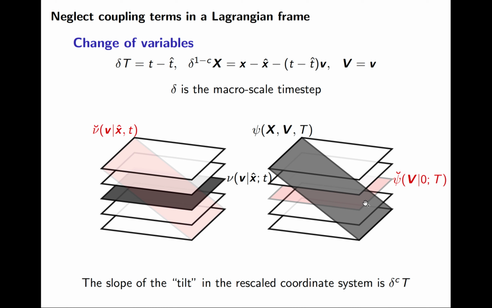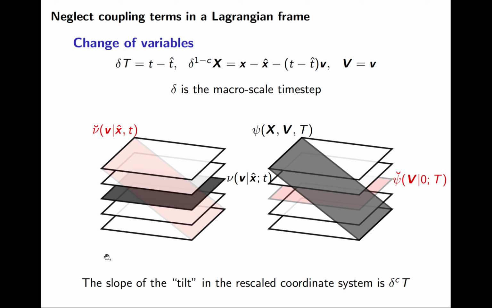And what we do when we neglect the coupling terms is we actually define a new density that's on a plane in the transformed coordinate system, specifically the plane where the transformed x equals 0. And when we transform back after we've done our time integration over this small time window, we end up with this red plane in our original coordinate system, which is the density that we've actually computed.